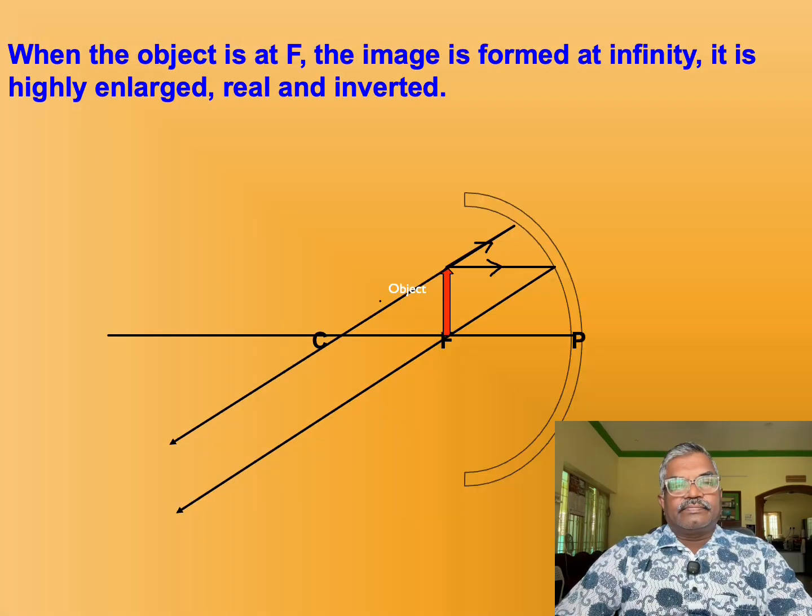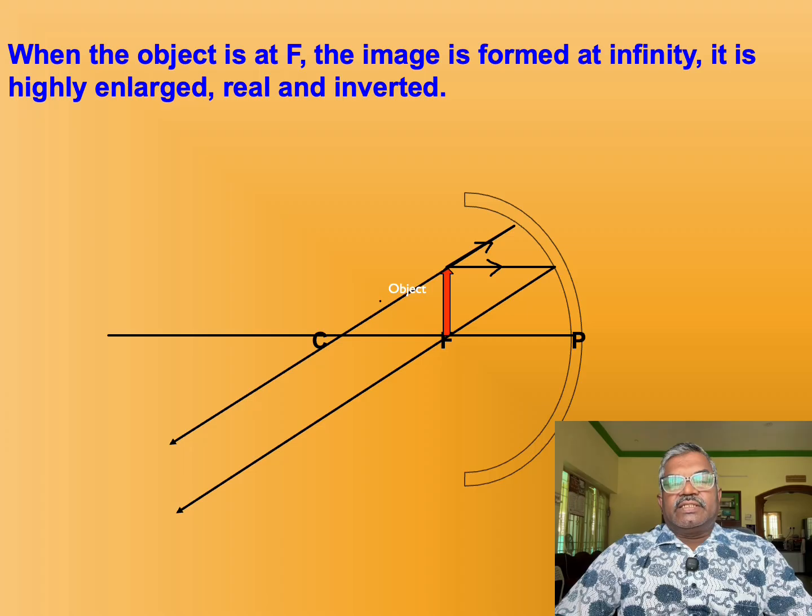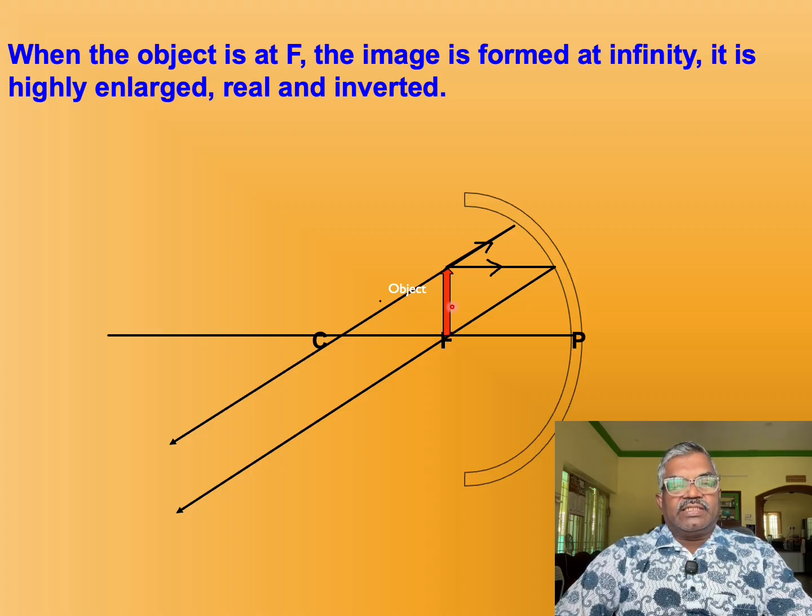Okay. The next position of the object is at F. You can see my pointer here: the object, the red colored one, is placed at focus. Here also there are two rays. One is parallel to the principal axis.